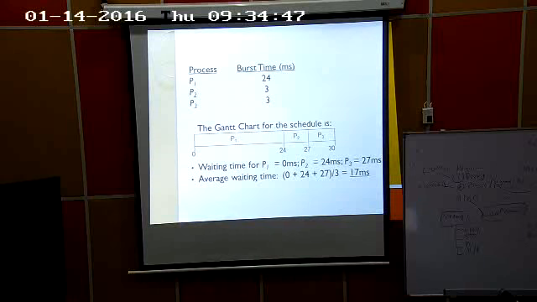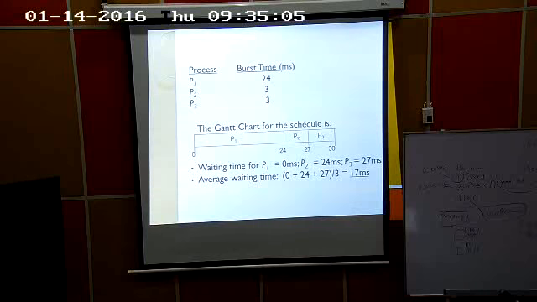Since P1 arrives first in the ready queue, P1 needs to complete, then only P2 will go next. To calculate the turnaround time, waiting time or response time, you need to draw the Gantt chart. Why do you need to calculate? Because it is in the syllabus. I need to teach you.